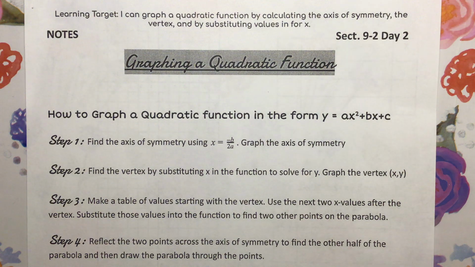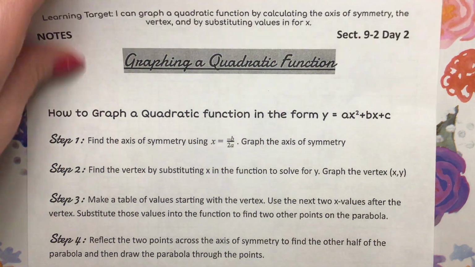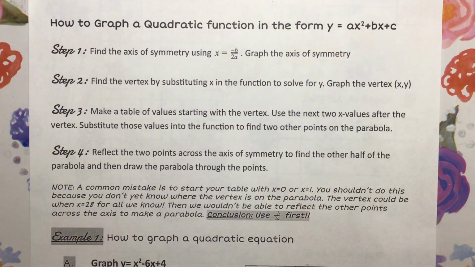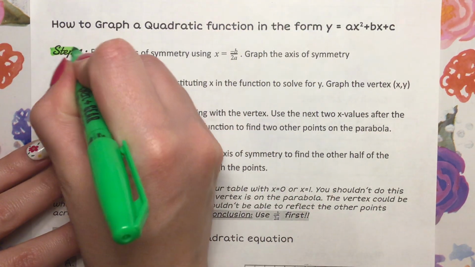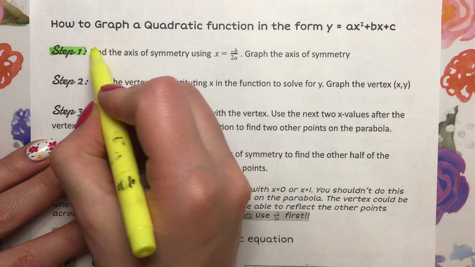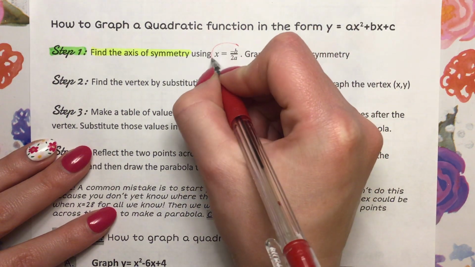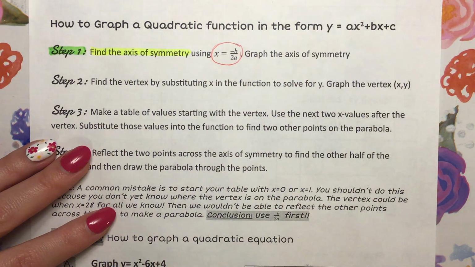So let's talk about the steps. There are 4 main steps to graph a quadratic function that's already in this form. Step 1 is to find the axis of symmetry, using the formula you were introduced to in the previous day's notes: x equals negative b over 2a.